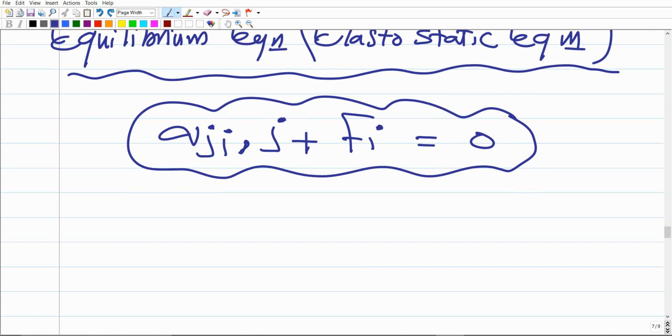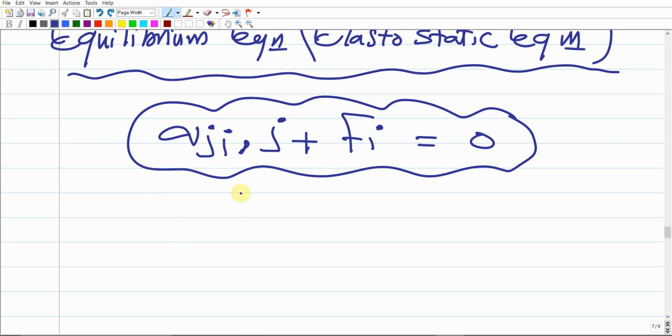Because here in this class we are interested in the elastostatic equilibrium of linear elastic material, we will not study any dynamical behavior of this elastic material. So that's why all the time this term will be considered zero in the rest of the class.